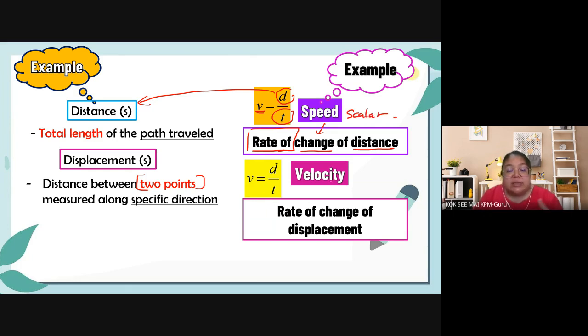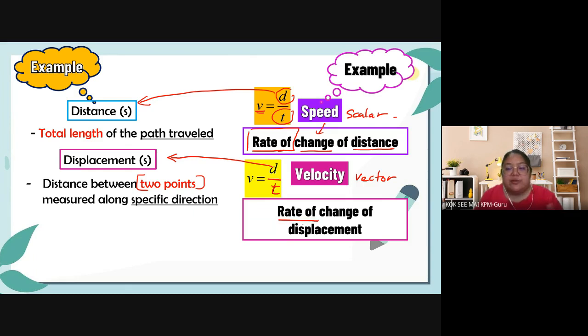Okay, the next one is velocity. Velocity is a vector. So this one cannot be distance already. This one is displacement. So velocity equal displacement over time. 我们用 rate of 咯。只要你的 formula is over time 除时间，我们就可以用这个字 rate of.